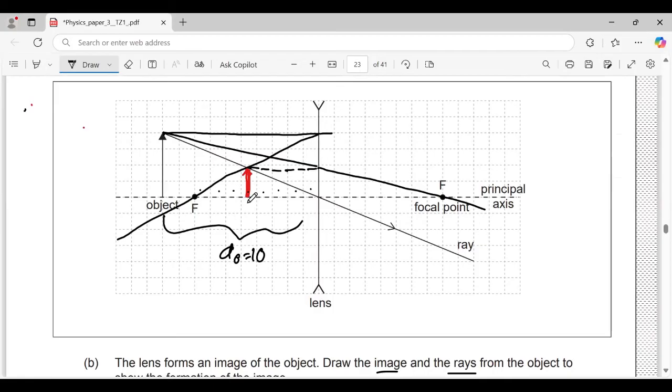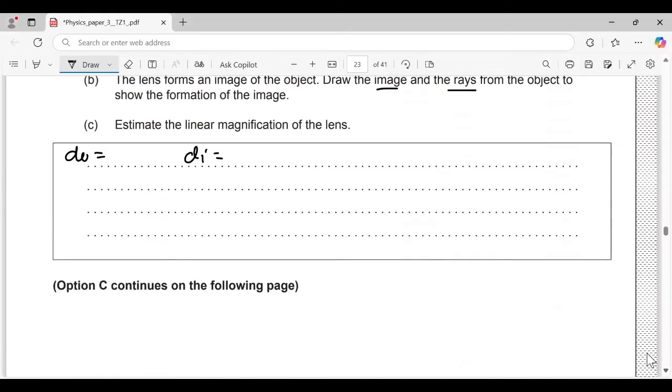While the image distance: 1, 2, 3, 4, 4.5. The image distance, 4.5. So the magnification equals image distance over object distance, 4.5 over 10, 0.45.